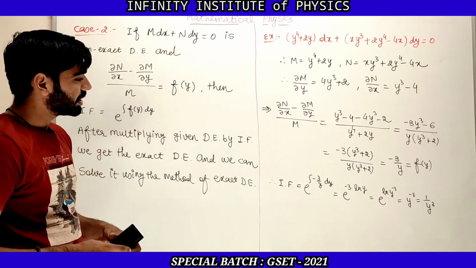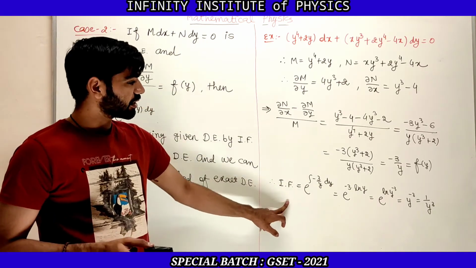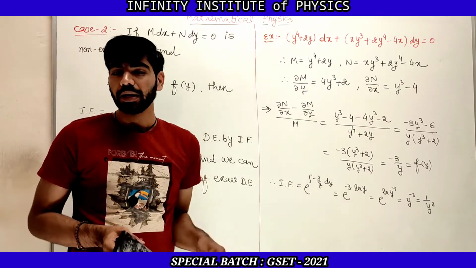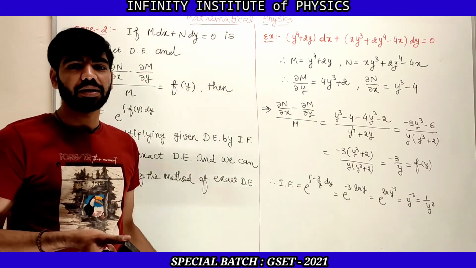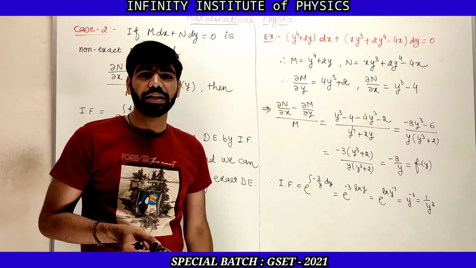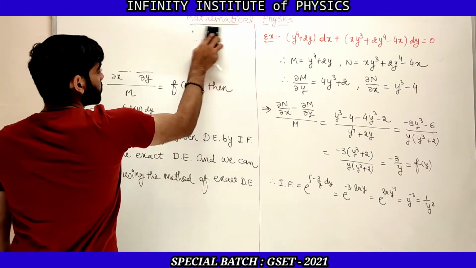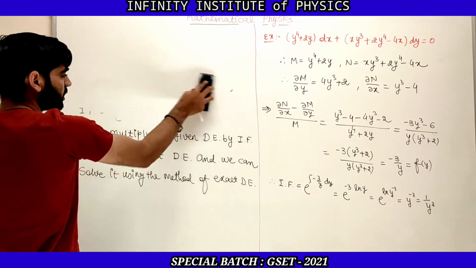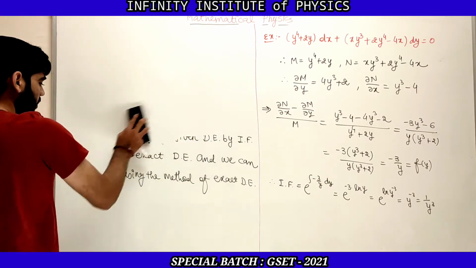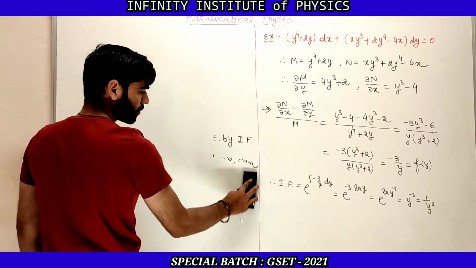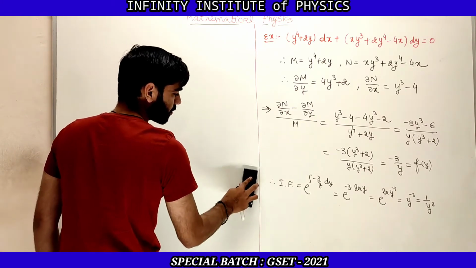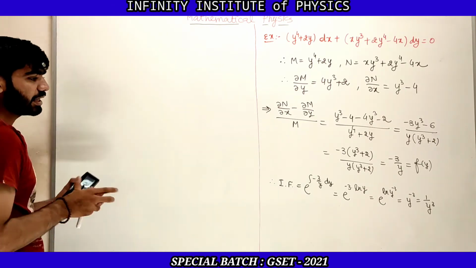equation. Now we need to multiply this integrating factor to the given differential equation, and then we need to check whether that differential equation is converted to an exact differential equation or not. So let us multiply the given differential equation by the integrating factor.